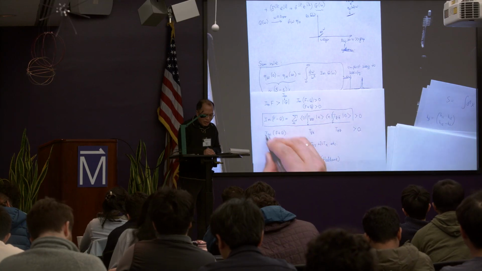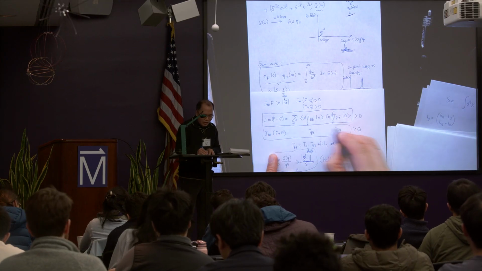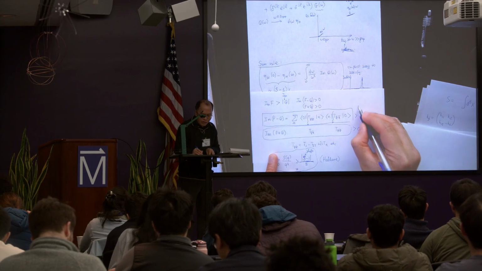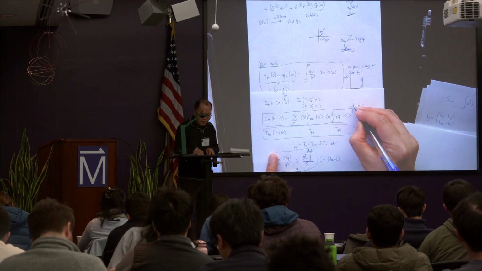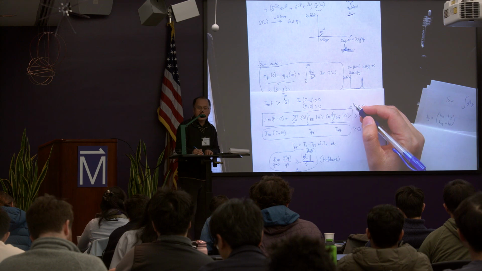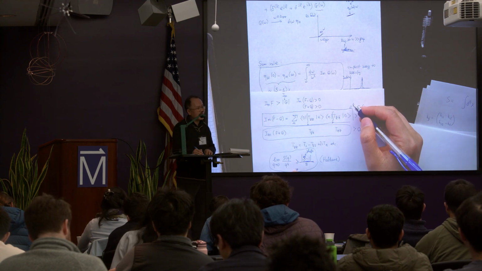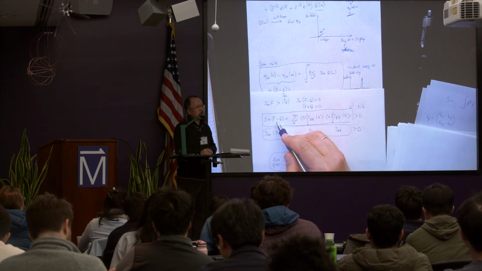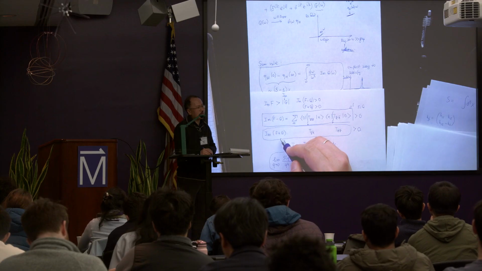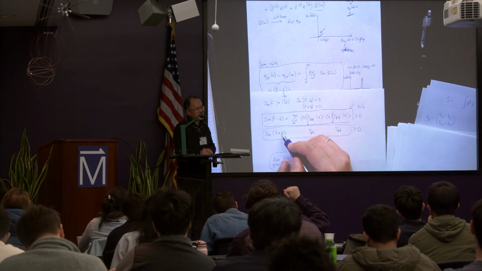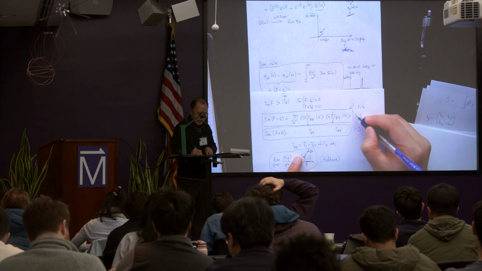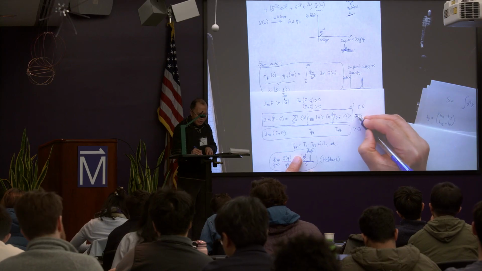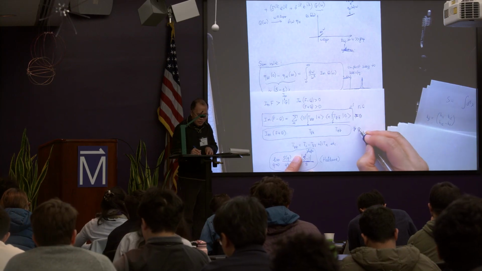The other one is zero. In order to saturate the Haldane bound, F should be equal to either G or minus G. So one of these imaginary parts is equal to zero. Let's assume this is equal to zero, and this is not equal to zero.